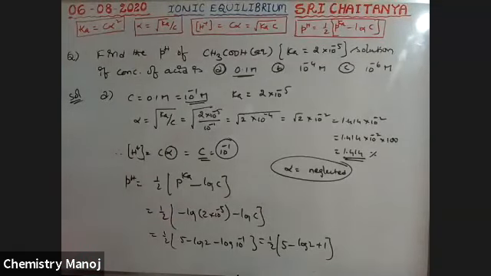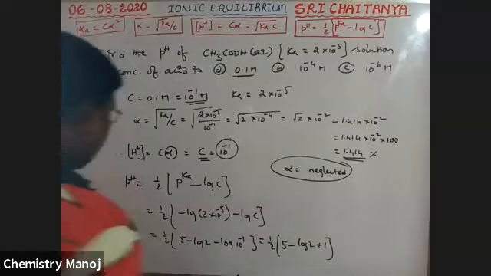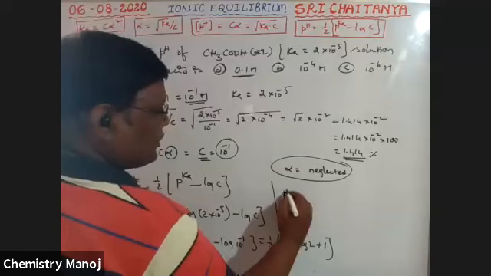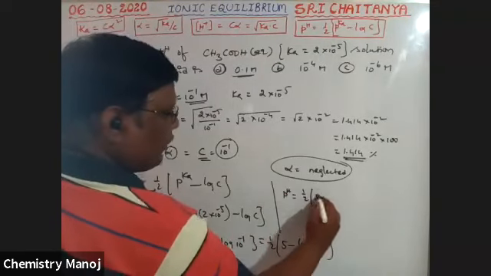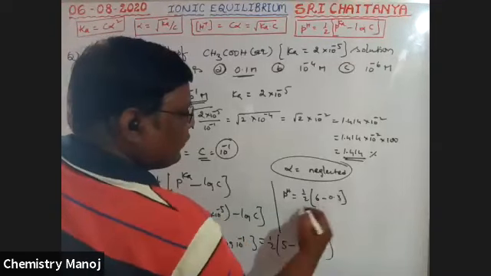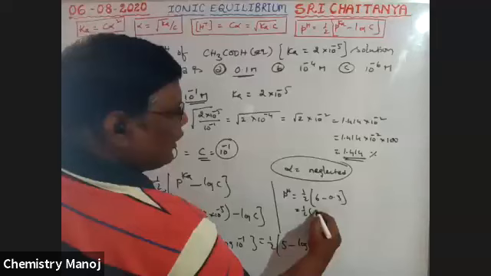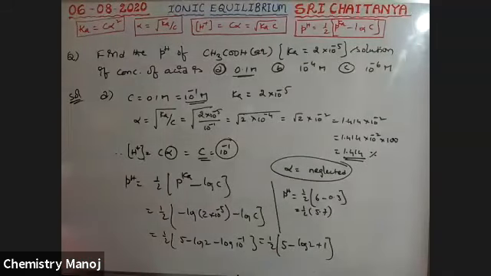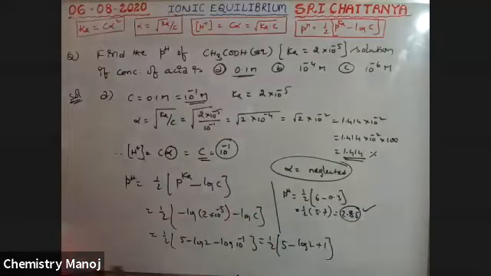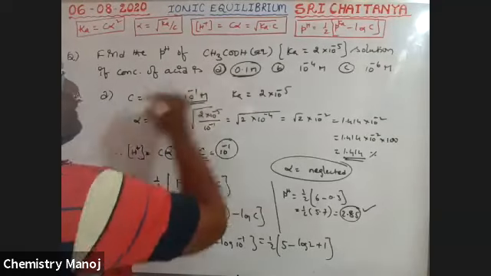So pH is equal to 1 by 2 of 5 plus 1, 6, minus log 2, which is 0.3, that is 1 by 2 of 5.7. So 5.7 by 2, how much? 2.85 is the answer, if 0.1 M is considered.